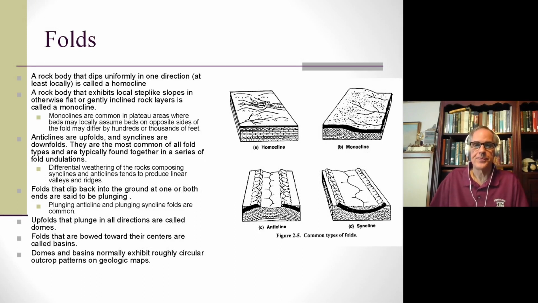There are different ways in which surface rocks vary. If you've ridden along the interstates in this area, you'll notice that sedimentary rocks, gravity would tend to indicate, should be horizontally deposited, gravity being vertical.